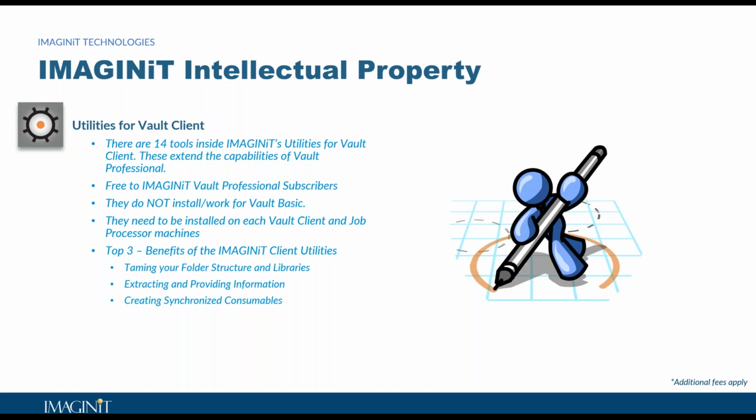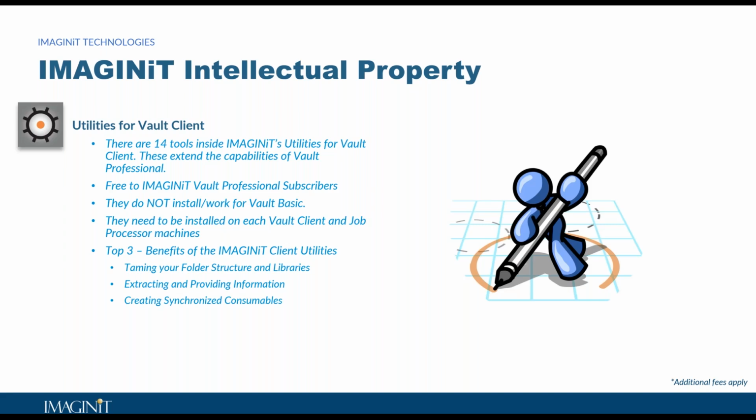The Vault client utilities is a great example. This is a tool set that can be added to every user's Vault client as well as your job processor. It contains a set of about 14 different productivity tools that allow you to go beyond just the standard capabilities of Vault.